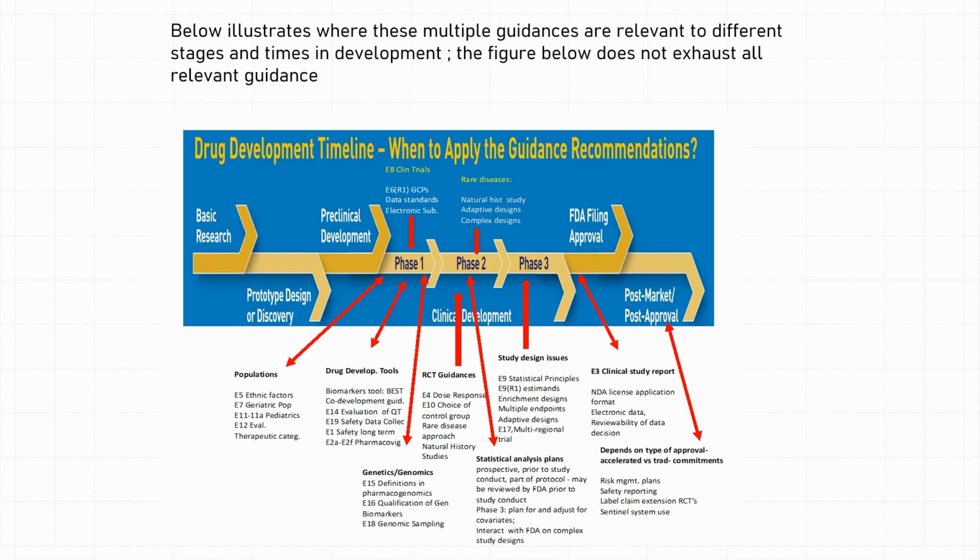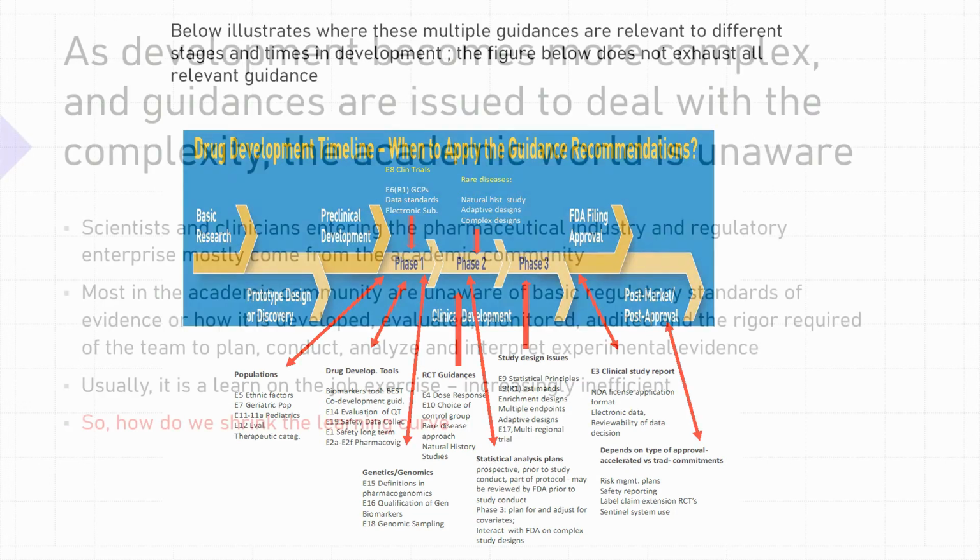It's not all the guidances, but it shows you how many of them are involved in different dimensions of the development of phase 1, phase 2, and phase 3 in a drug development program. And I haven't even dove into some of the finer points of adaptive designs and seamless phase 2, phase 3 type designs.